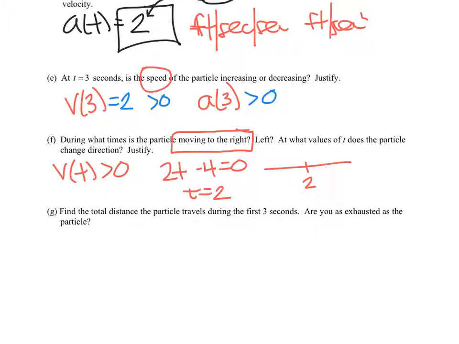If I plug a 3 in my velocity, I get a positive. If I plug a 1 in, I get a negative. Therefore, from 2 to infinity, my particle is moving to the right because v of t is greater than 0. It's moving to the left from negative infinity until 2 because v of t is less than 0.